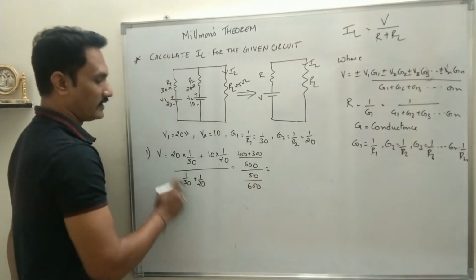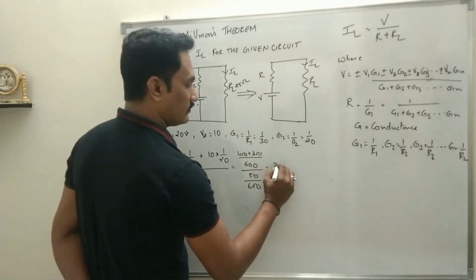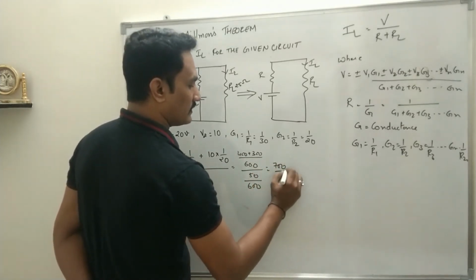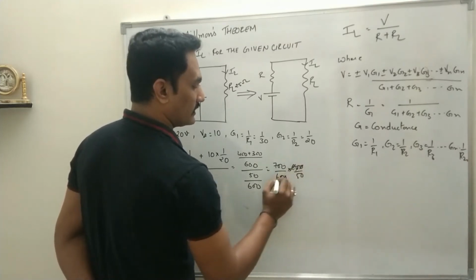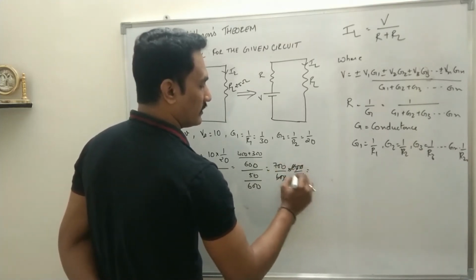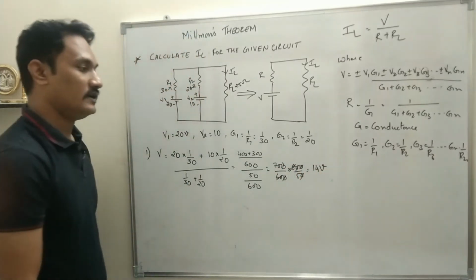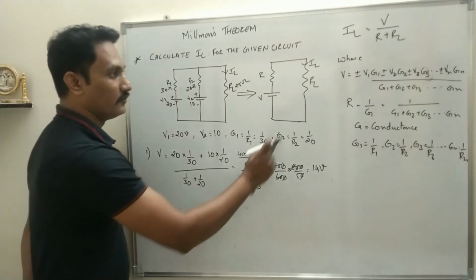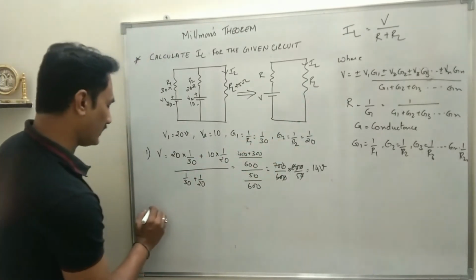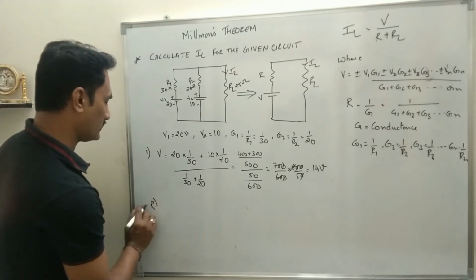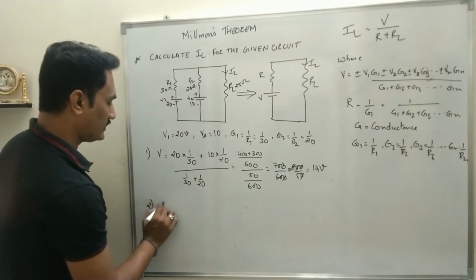I hope you have understood how I have done this. So this entire thing can be written as 700 upon 600 multiplied by 600 upon 50. This value gets cancelled, so this is 700 upon 50, so the value will be 14 volt. So we have calculated an equivalent voltage from this formula. Second step, of course, will be calculating R. What is R?